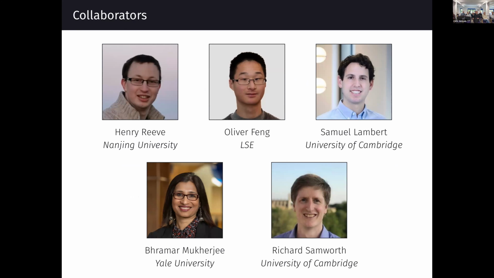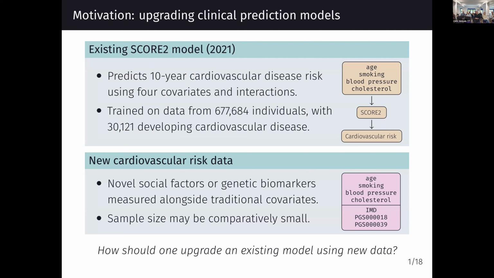I'd like to begin with a bit of motivation for why we're considering this problem in the first place. It is an increasingly common problem in modern statistics, particularly in biostatistics, that there are existing models that are very popular, well used out in the real world by practitioners, and quite well established for a few years by now. An example of such a model is the SCORE2 model, which is a survival model for predicting cardiovascular disease events.